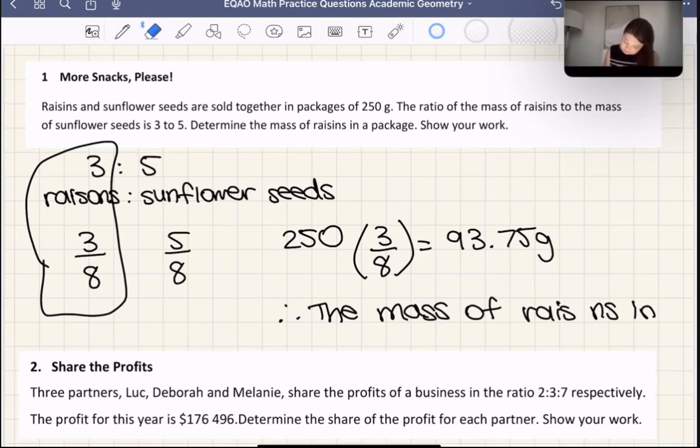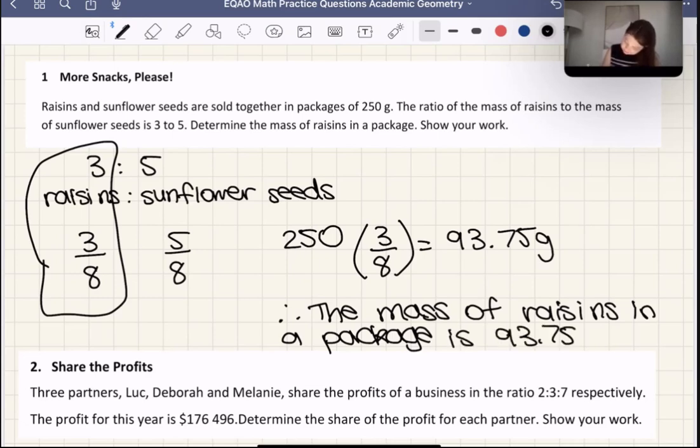Oh, looks like I spelled raisins incorrectly. Let's fix that. The mass of raisins in a package is 93.75 grams. And there we go. Awesome.